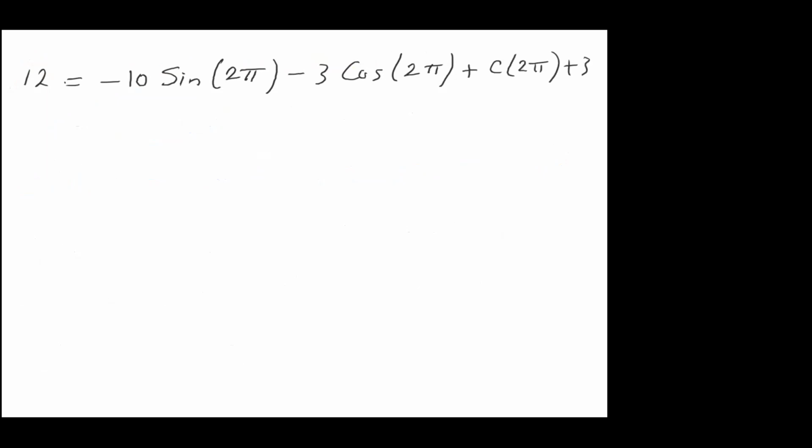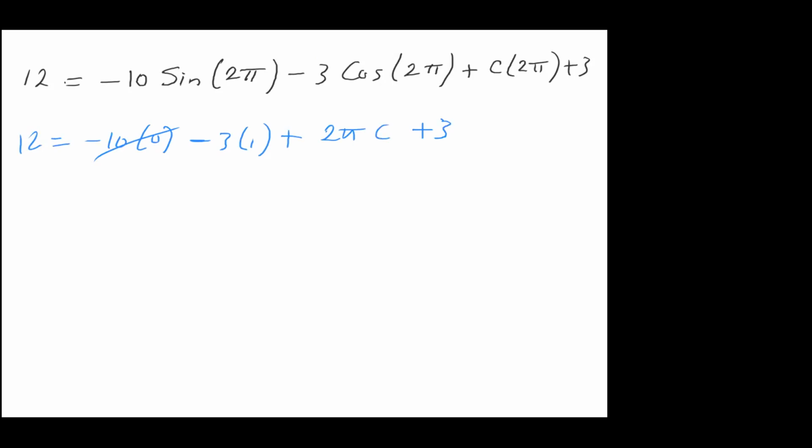We found that d was 3. So now 12 equals, sine of 2 pi is 0, so this becomes negative 10 times 0. That's a 0. Minus 3 times cosine of 2 pi is 1. And plus, then I have 2 pi times c and plus 3.